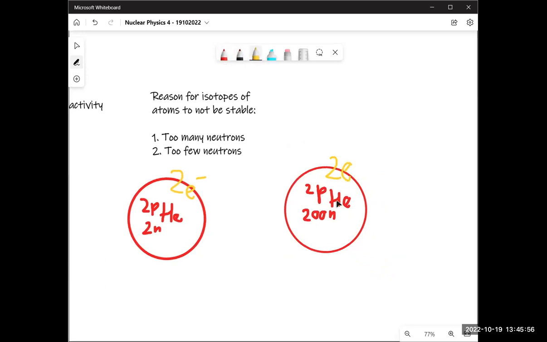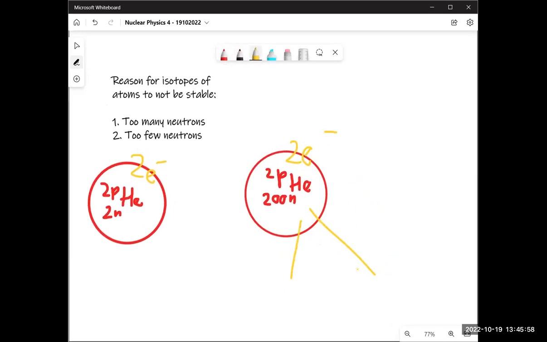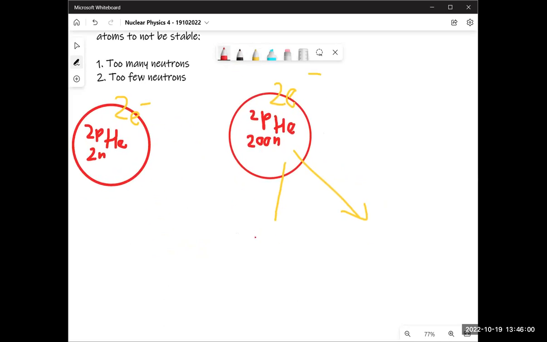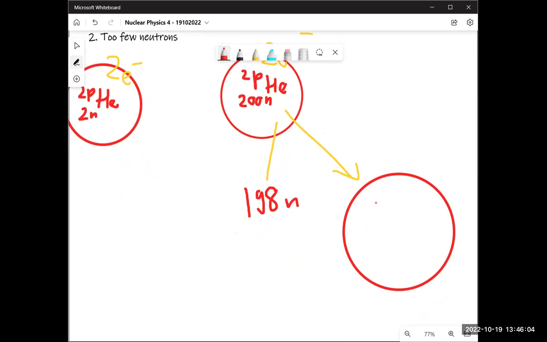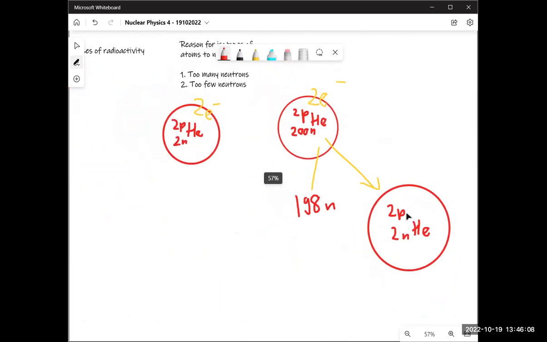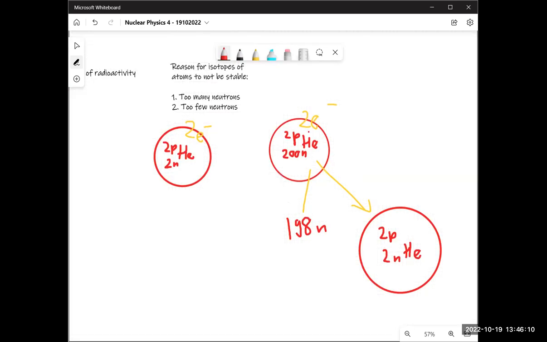So this atom will break down into 2 atoms that will give out the extra 198 neutrons, and will become stable and become this 2p, 2n, He again. So that is why atoms break down or give out radioactive emissions, because they are not stable. Perhaps they have too many neutrons or too few neutrons. Any questions?